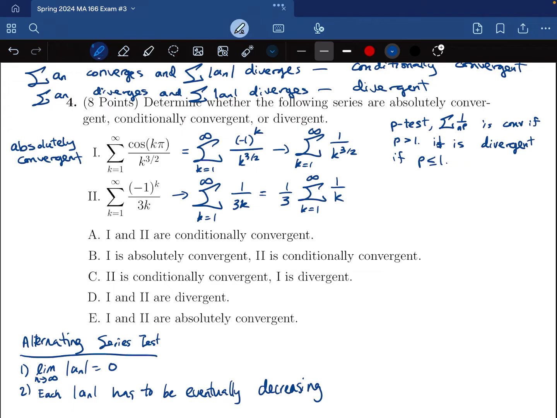So in this case, the exponent for k is 1, meaning that via the p-test, this series is divergent. So since the series obtained by taking the absolute value is divergent, but the original series was convergent, that means that this series is conditionally convergent. Therefore, our answer would be B.